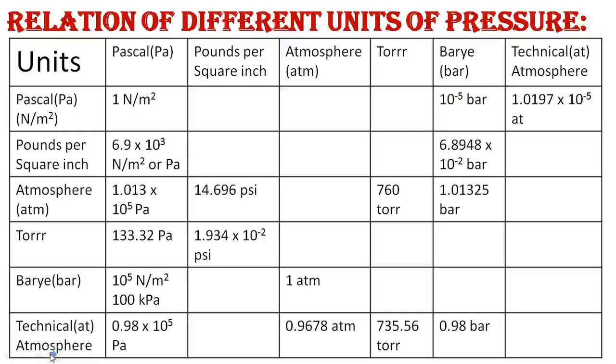1.01325 bar. 1 torr is 133.32 Pascal. Bar into Pascal is 10 raised to 5 Newton per meter square, 100 kilopascal, or 1 atmosphere.